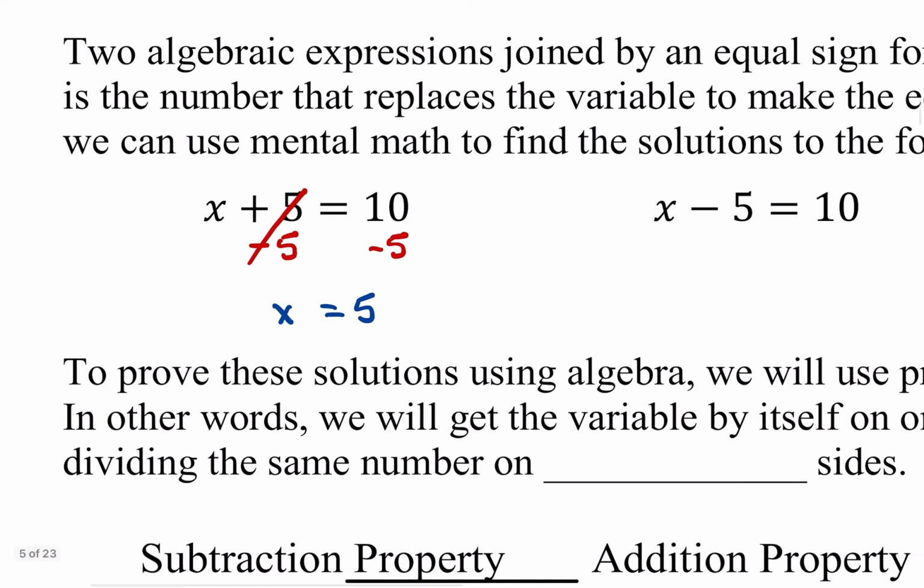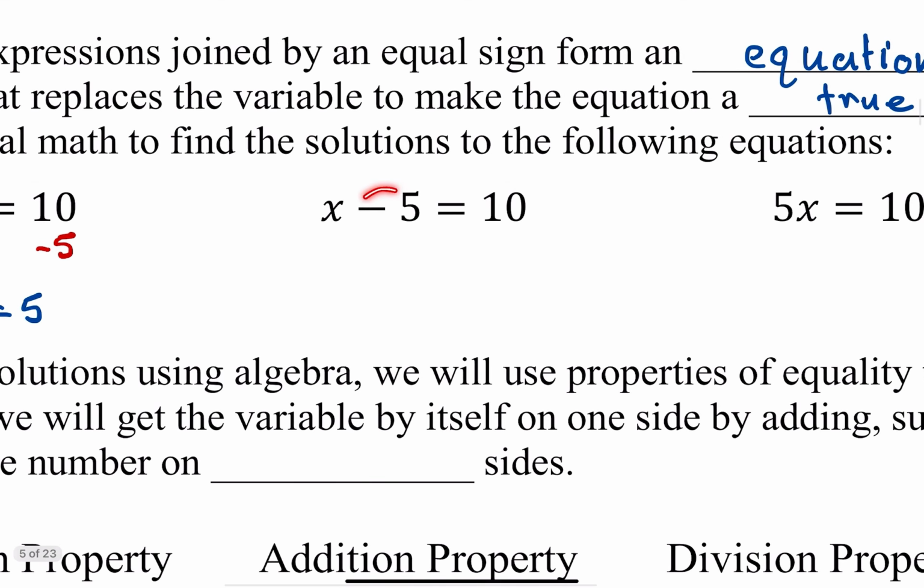All right, the second one, again, we just have subtraction right here. So you could think about this mentally and just say, if x is 15, you could take away 5 and you get 10. So here, the solution is x is equal to 15. Again, how would you solve this systematically?